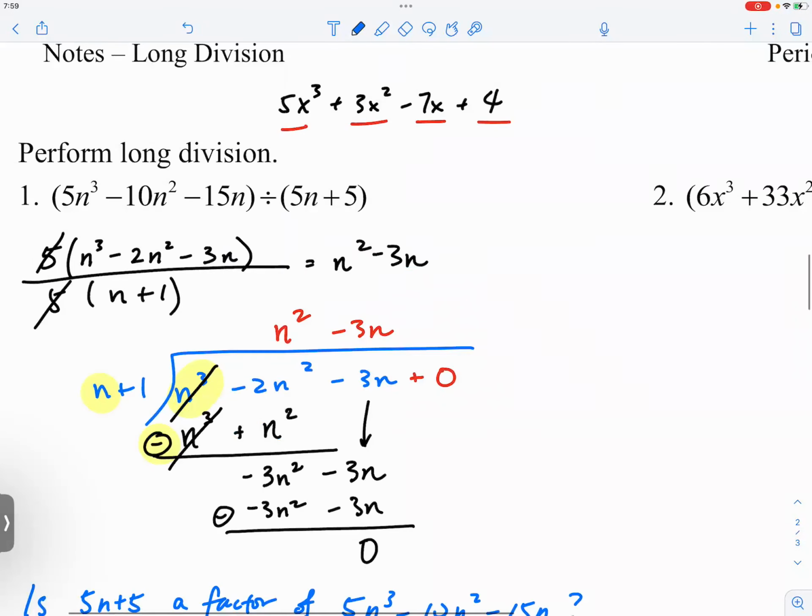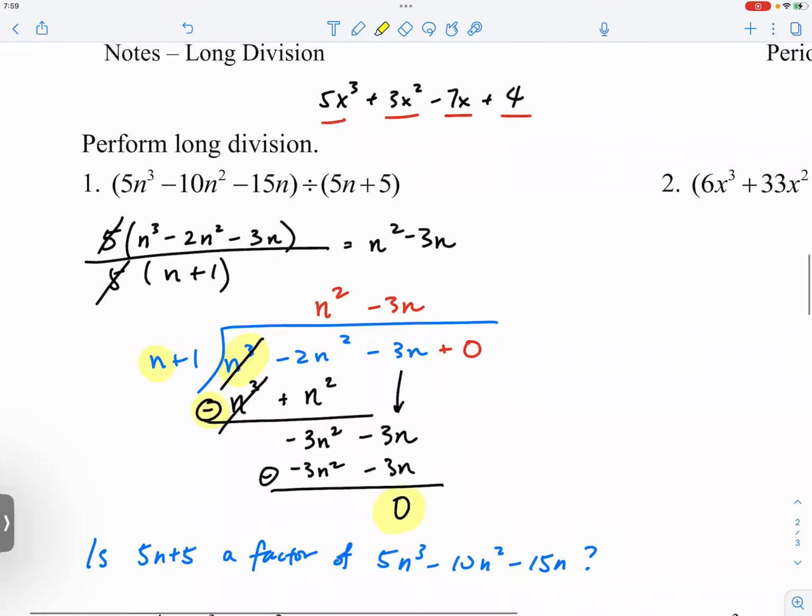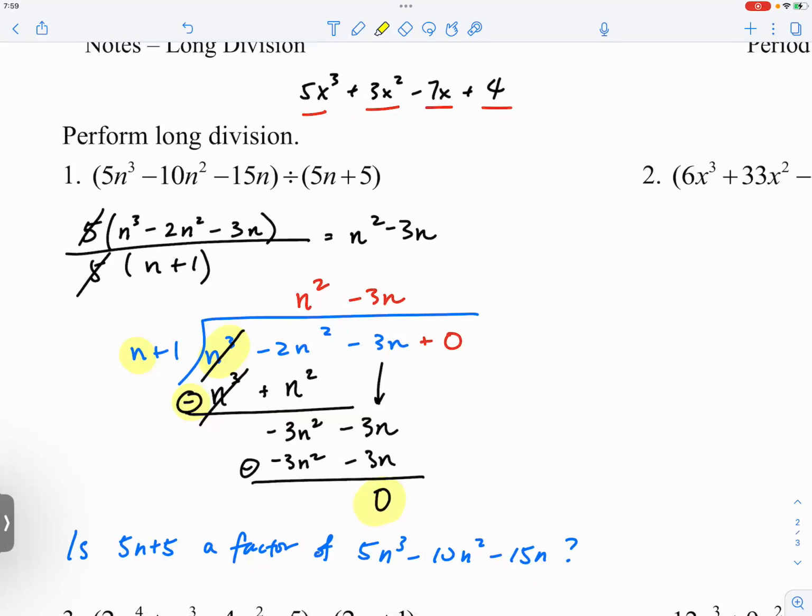So I want to bring out the importance of remainder at this point, that whenever you see the remainder being 0, it actually reveals something very special, and that is, hey, whatever you just divided, it's a factor. And what did we do for the past couple of days? Factoring. So that's how these things are coming together.